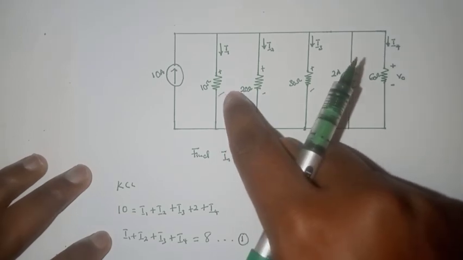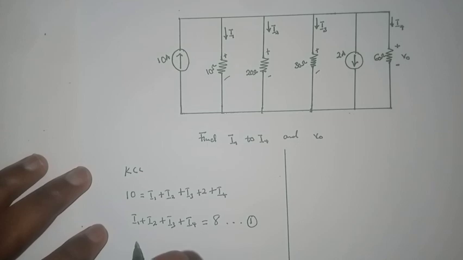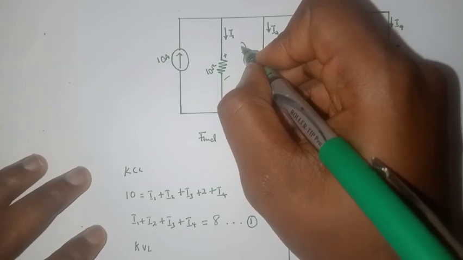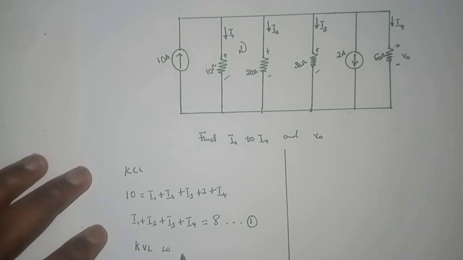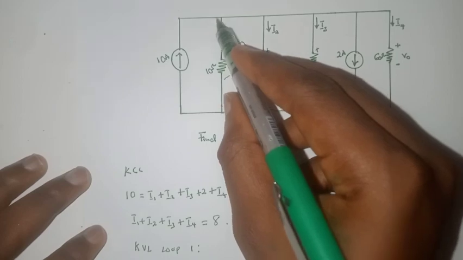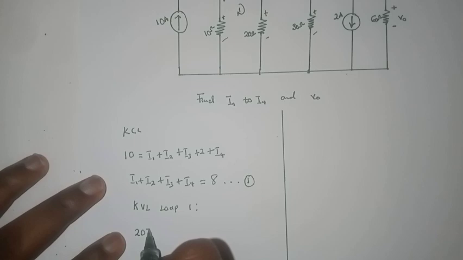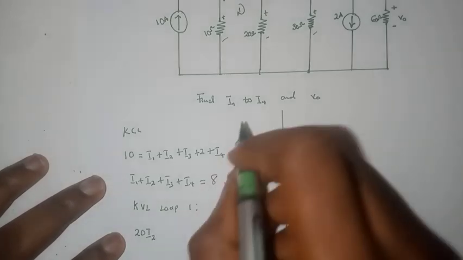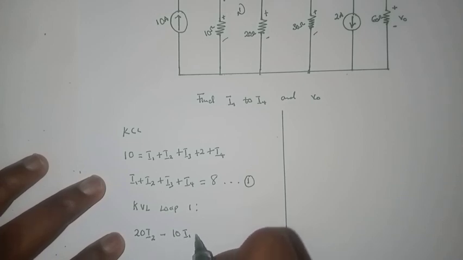Then we can write KVL in this loop. Let's call this loop 1. KVL loop 1 will be 20I2 minus 10I1 equals 0.